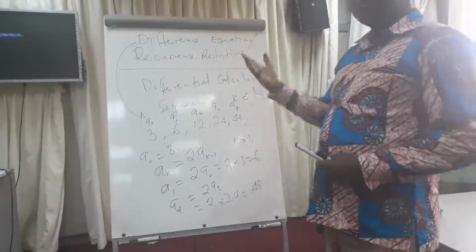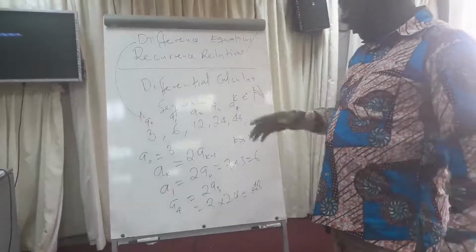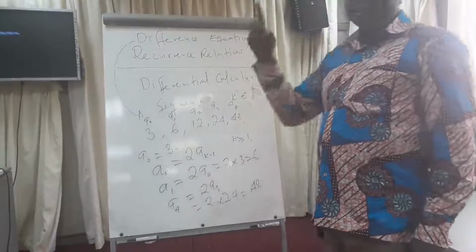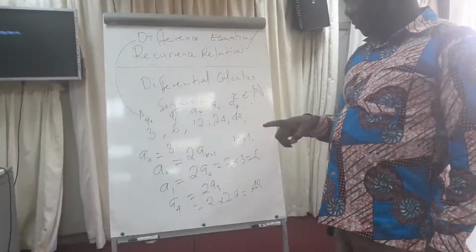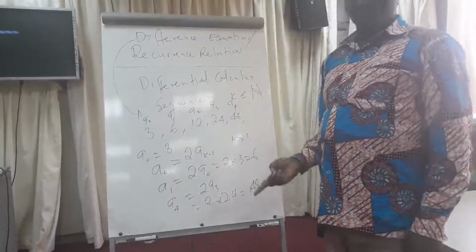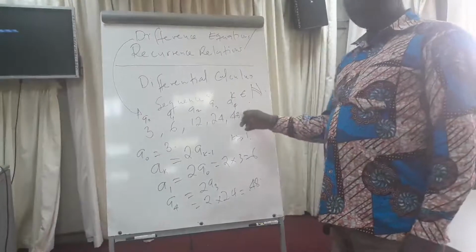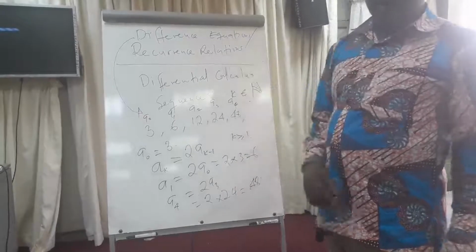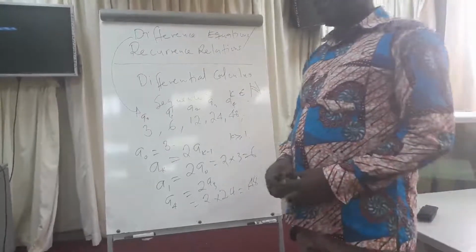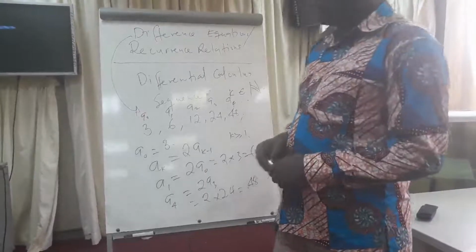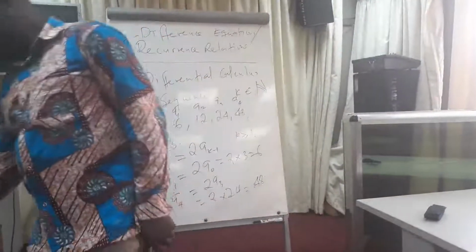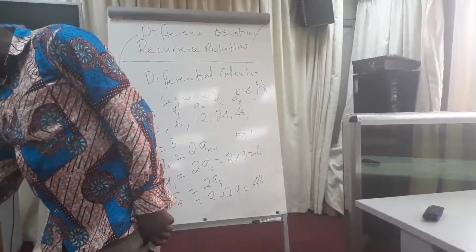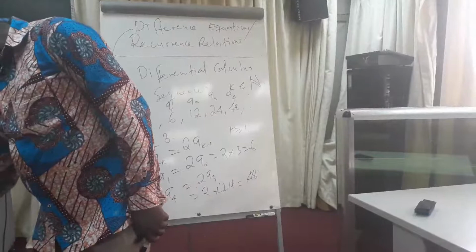And so you can keep finding. For you to be able to get A4, you need to know what A3 is. If we want to calculate A5, we need to know A4. And so this is what I call a recurrence relation, or a concept we call difference equations.